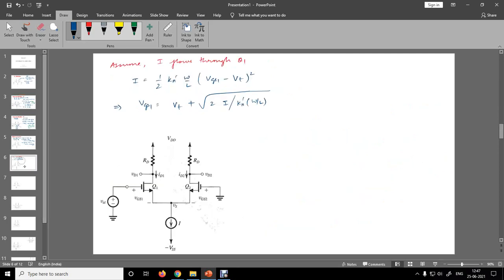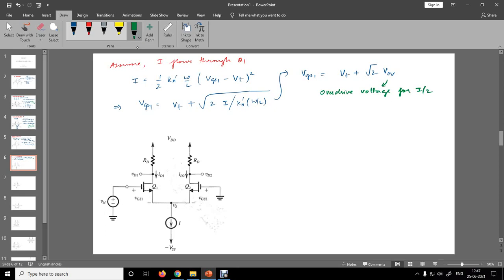Then in that case, I can rewrite this as VGS1 equals VT plus square root of 2 into VOV, where VOV is the overdrive voltage for I by 2, okay, for I by 2, right?